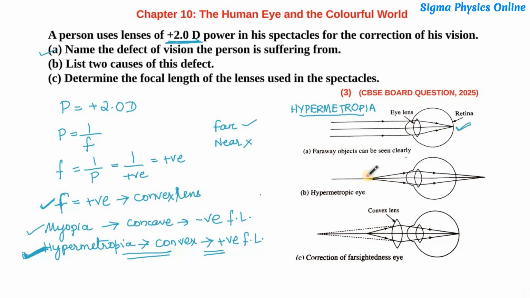But when the object is situated nearby, the image is formed behind the retina at this point, because of which a blurred image is created on the retina, and the person cannot see the image clearly. Now if we prescribe a convex lens of appropriate focal length, then the convex lens creates the image at this point where the person can see the image clearly. Hence, a convex lens enables the person with a hypermetropic eye to see the object clearly. So this is how a convex lens can be used to treat a hypermetropic eye.